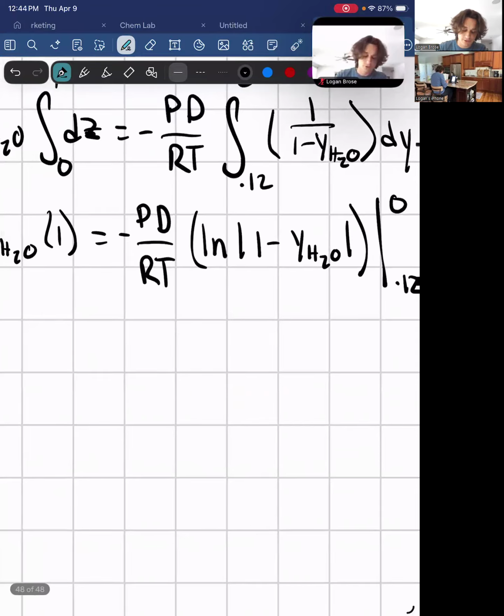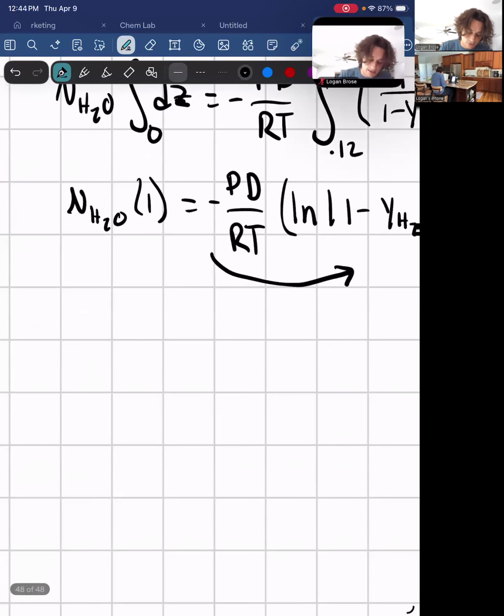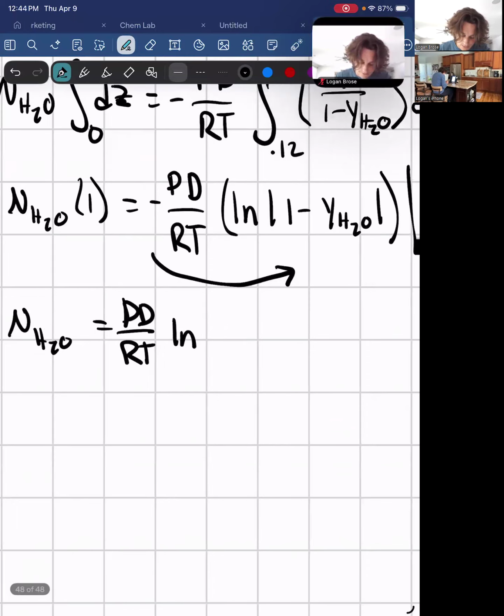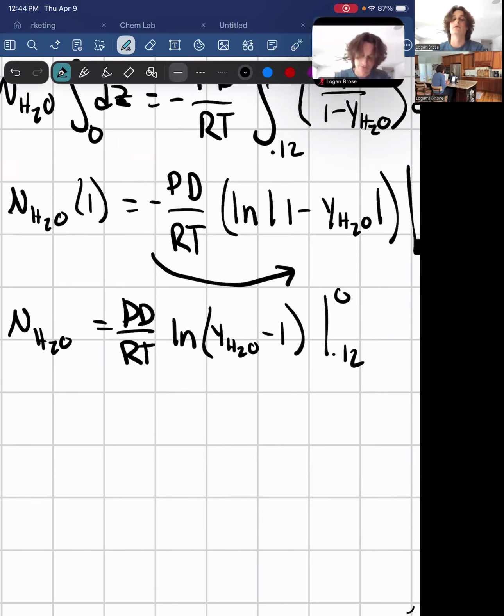Now what I'm going to do here is I'm going to bring this negative in, and then we'll flip that. And so we'll be left with NH2O equals PD over RT natural log of YH2O minus 1 from 0.12 to 0.